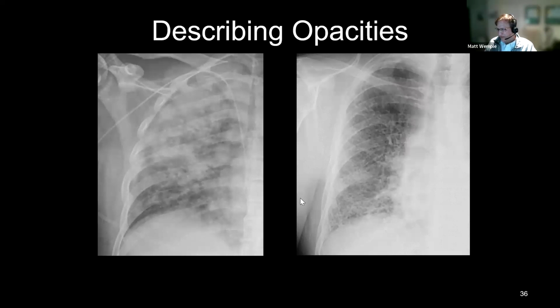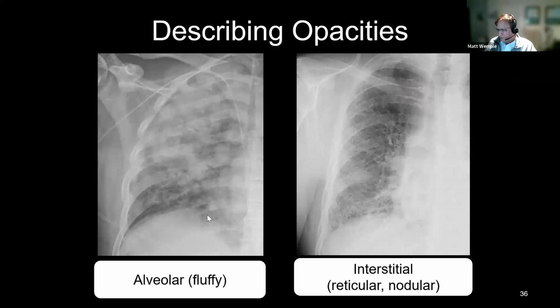So these are kind of the two classic types of opacities here. This one is very like little clouds in the lung, little fluffy cotton balls filling the lungs, whereas this one looks like there's lace throughout the lungs or a net throughout the lungs. One is the alveolar fluffy opacities, and if you say fluffy, that's fine when you're describing opacities.